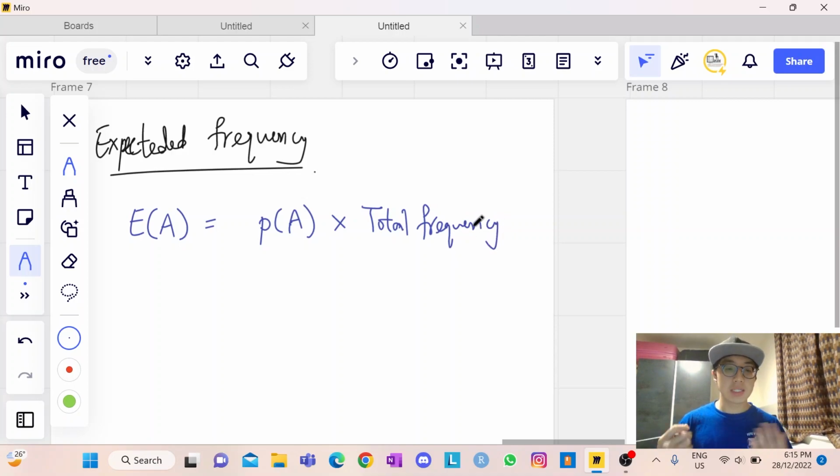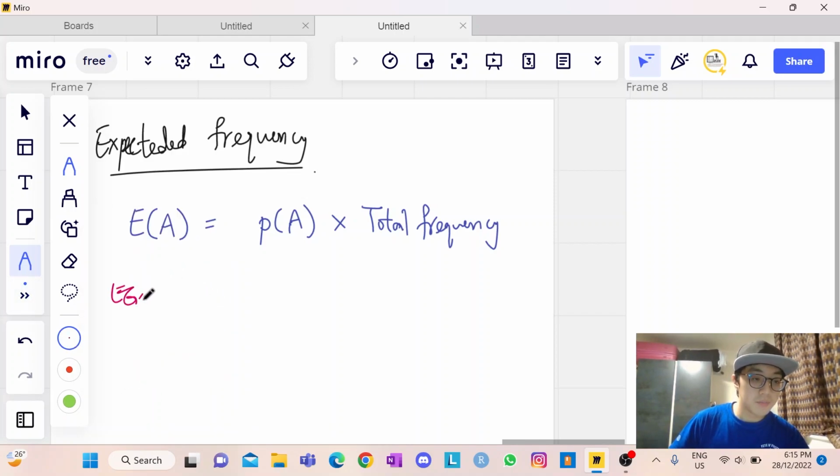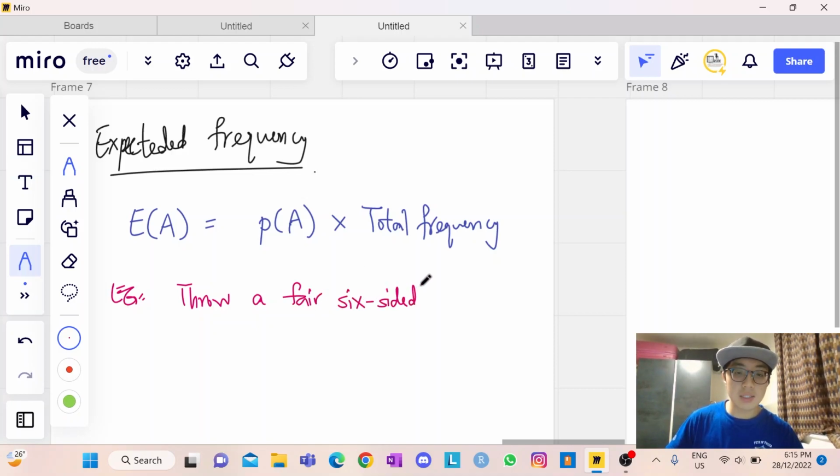What does this mean? The example here will be, let's say I throw a fair six-sided dice 6 times.